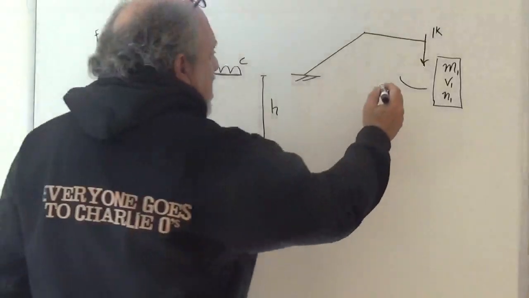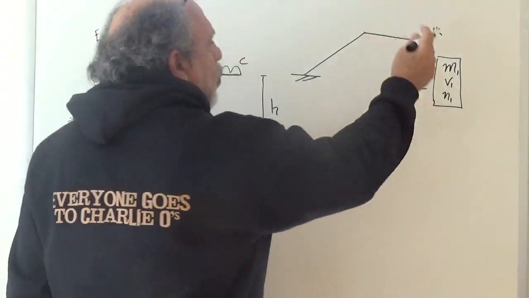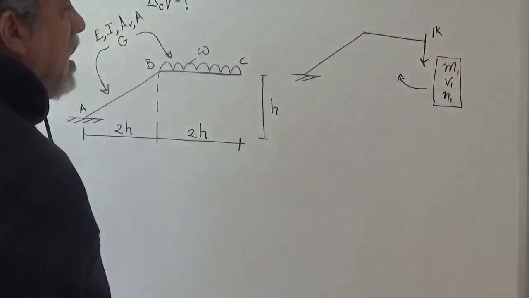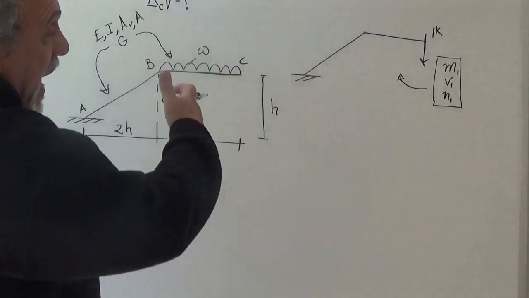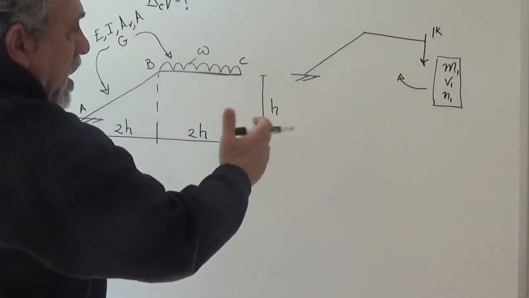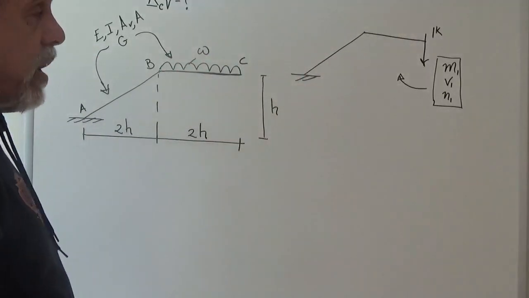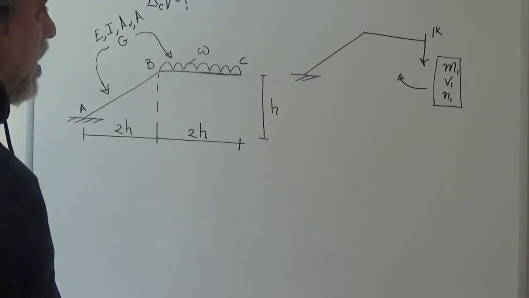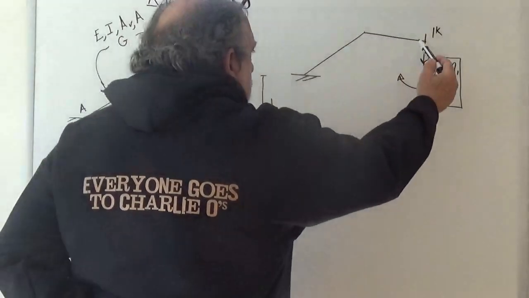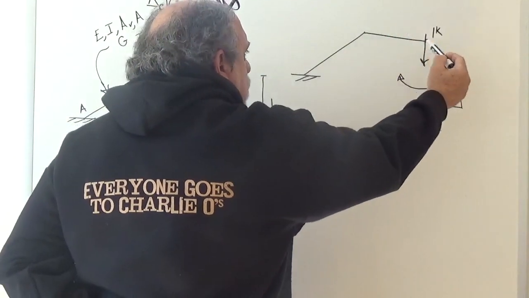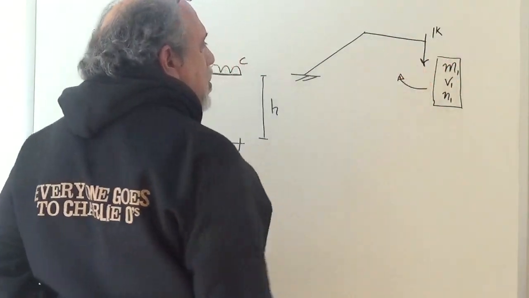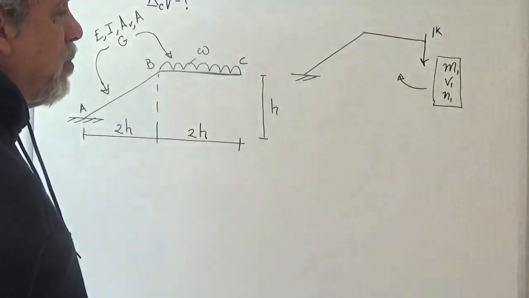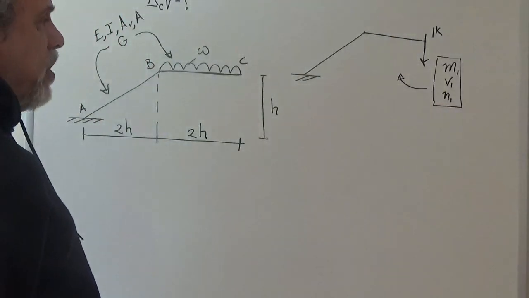That is, we need a mathematical description of what the moment is anywhere, what the shear is anywhere, and what the axial force is anywhere. Since anywhere is anywhere in the structure, what we need is a way to describe the positions along the structure, and that's what we refer to as the selection of coordinates.